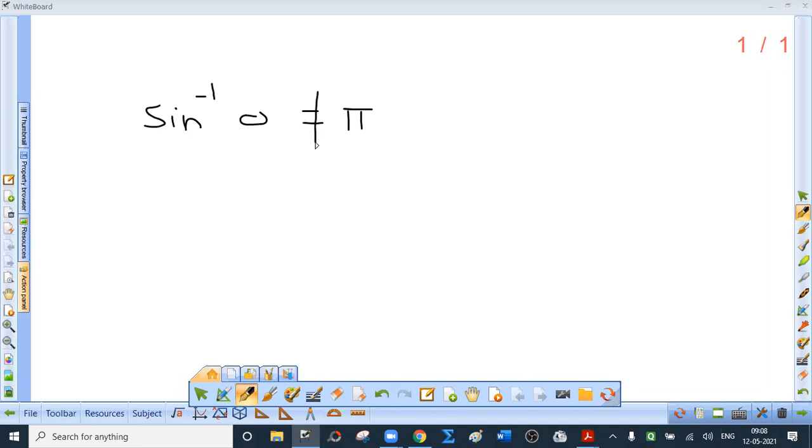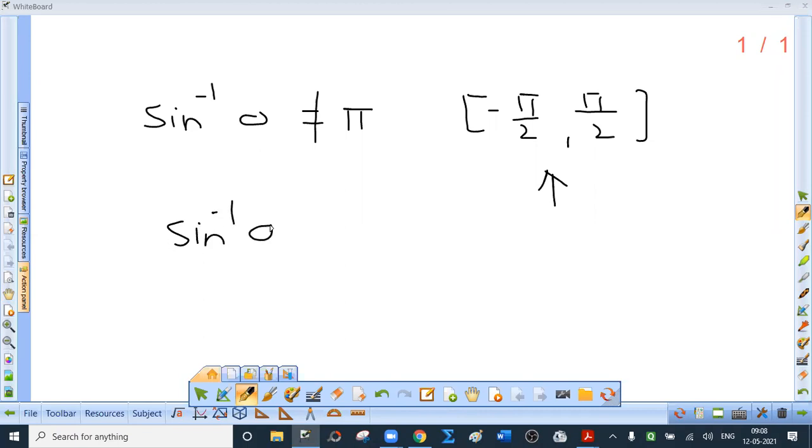Sine inverse 0 is pi is wrong, because your answer should belong to the closed interval minus pi by 2 to pi by 2, because we are considering this as the principal value branch. There are so many angles having sine ratio 0, but we are interested in that angle which belongs to this particular interval. So what is sine inverse 0? Sine inverse 0 is nothing but 0.